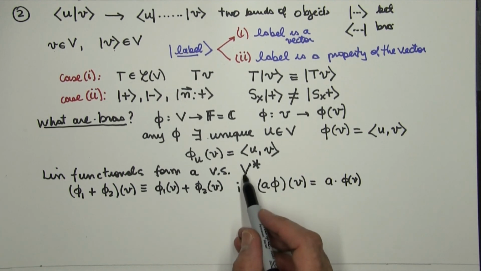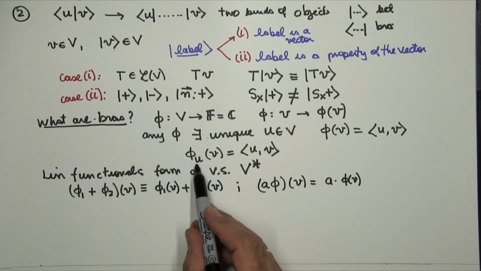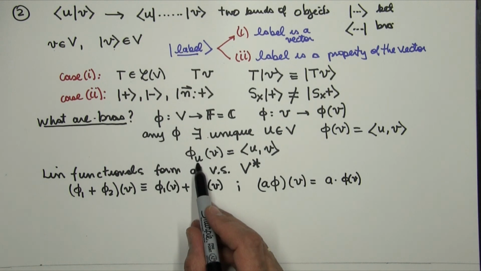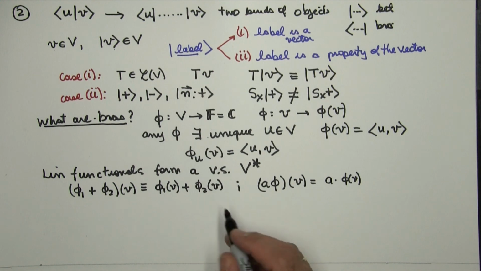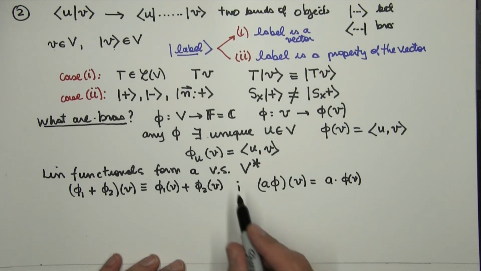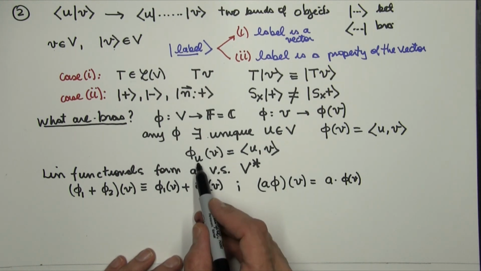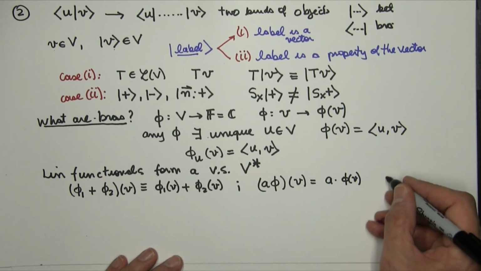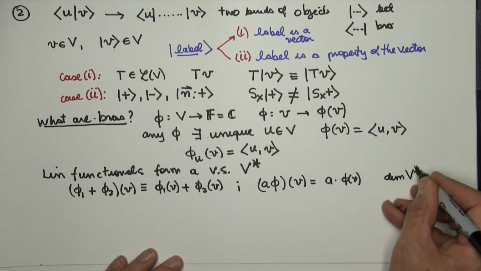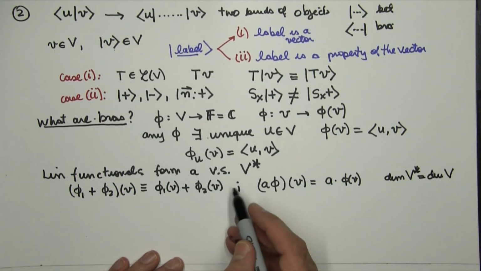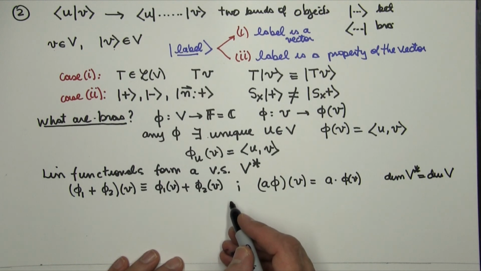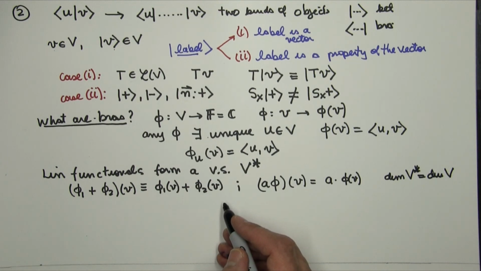Since all these linear functionals are represented by vectors, there are as many linear functionals as there are vectors. So this V star is very closely related to V. In fact, since it's parameterized by vectors, the dimension of V star is equal to the dimension of V. That's why V star is called the space dual to V. All right, so now comes the big idea in some sense.